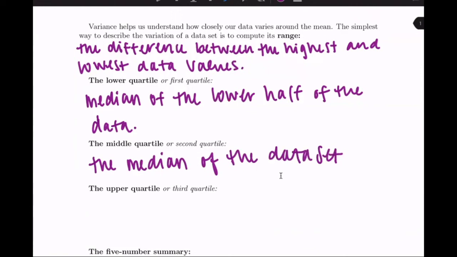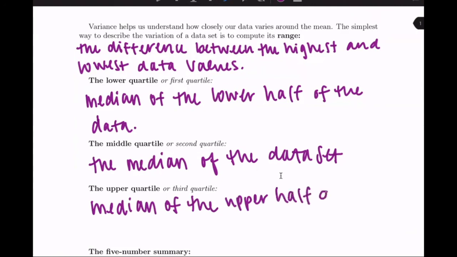And the upper quartile is going to be the median of the upper half of the data. So lower quartile, the median of the lower half; middle quartile, just the median; upper quartile, median of the upper half. All right.